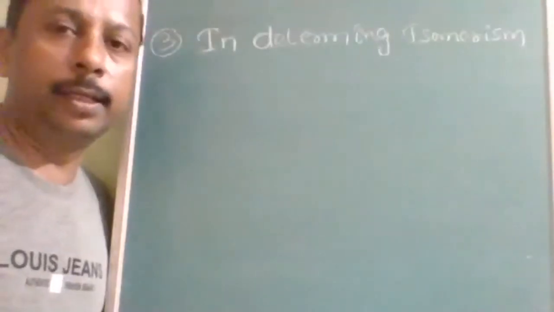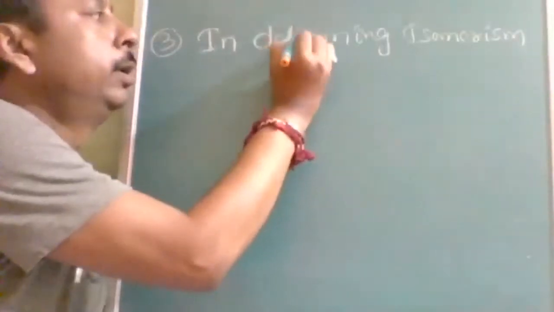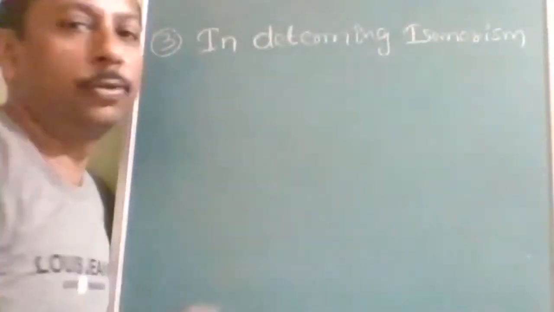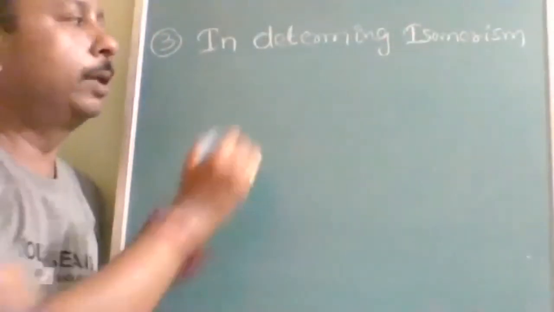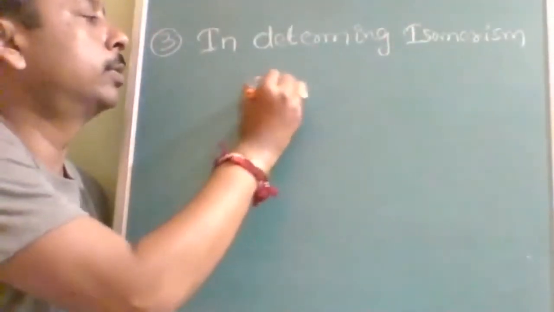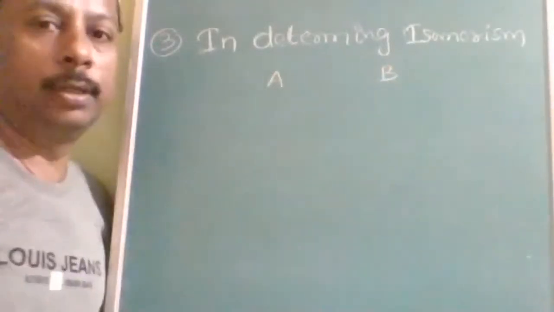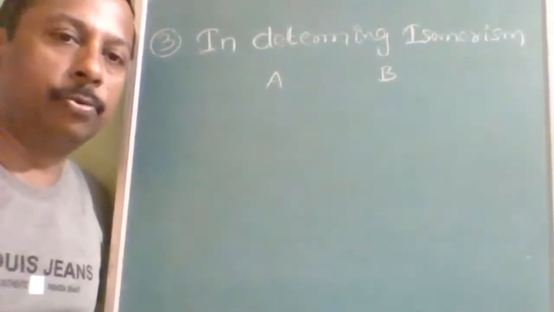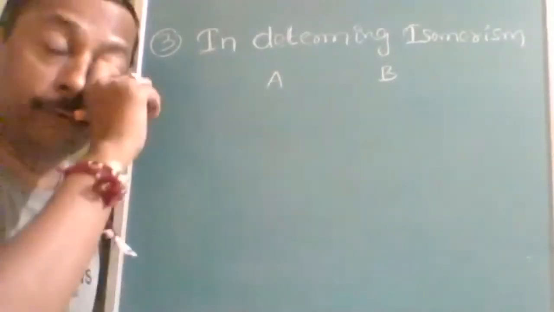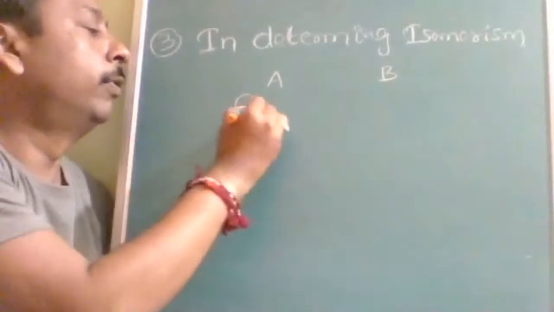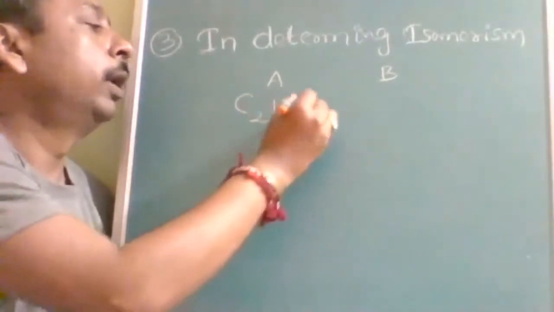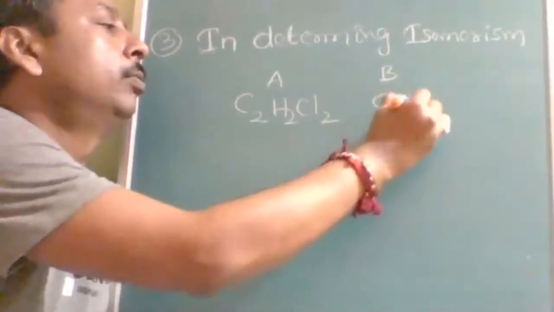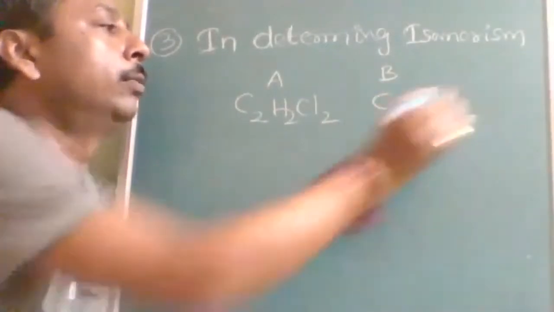The third application is in determining isomerism. So let us take two molecules having same molecular formula. Formula is C2H2Cl2, and C2H2Cl2.